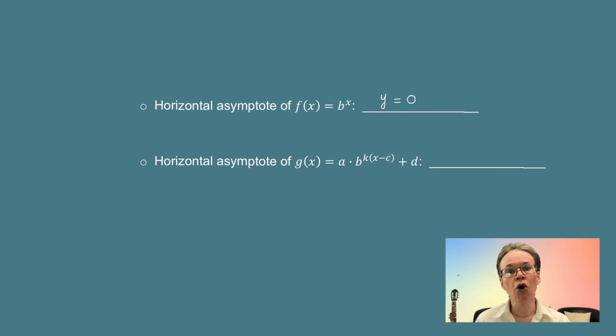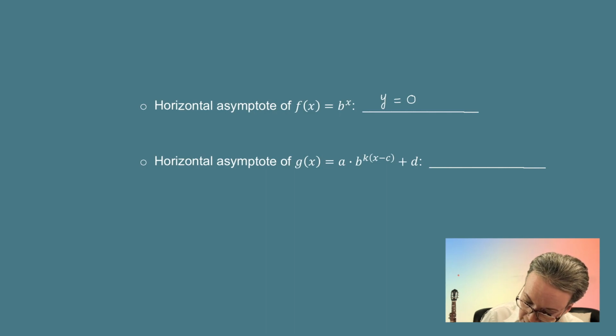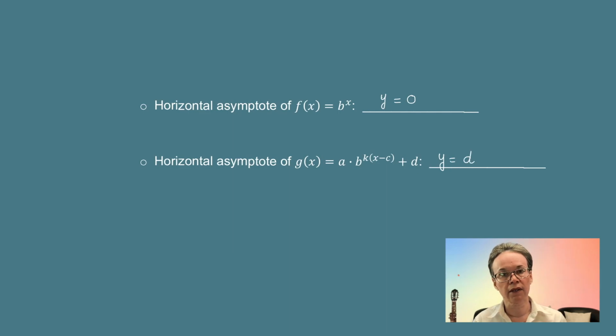So the new horizontal asymptote becomes exactly the value of d. So as the equation, it will be y equals d right here. So if d is 3, then that means that the new horizontal asymptote is the line y equals 3. If d is negative 5, then the new horizontal asymptote becomes the line y equals negative 5.